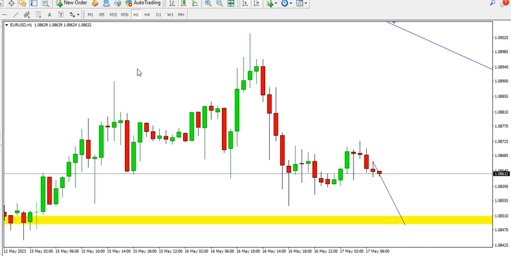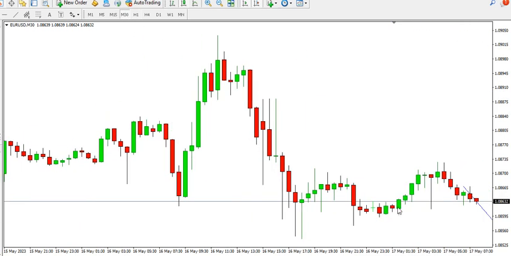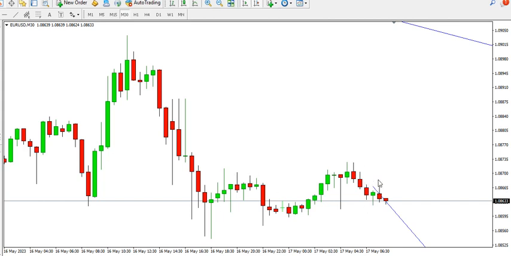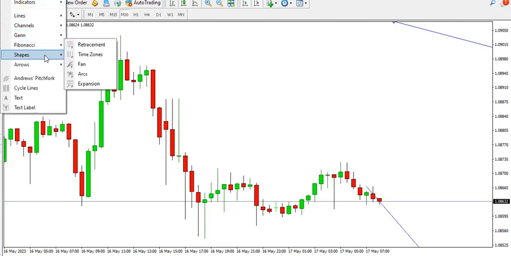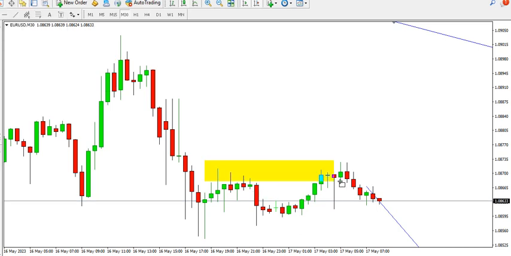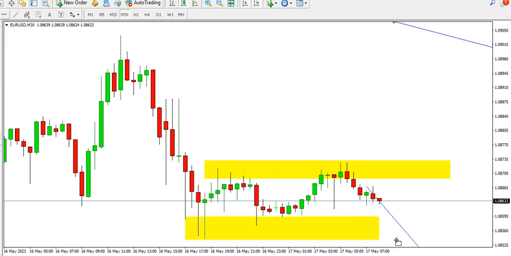All right, so let's look at the 30 minutes time frame. On the 30 minutes time frame, the price is ranging. We might be expecting a breakout of the range. There's the range top, and this is the range bottom. So we might be expecting a breakout of this range as the London market opens.